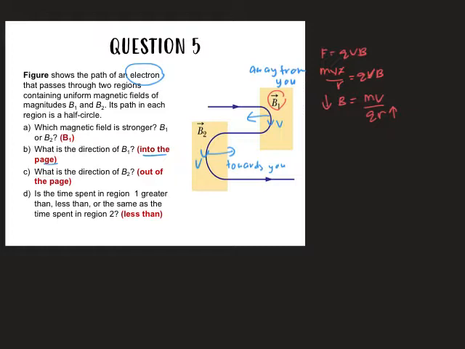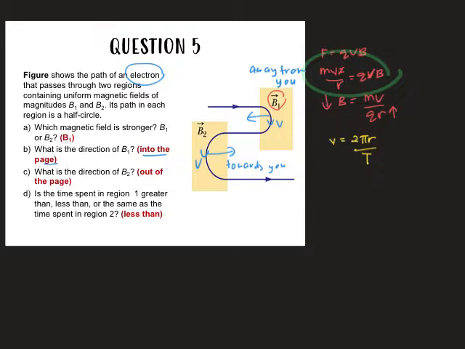We can derive the formula for this one to find the relationship between the velocity and the radius. As we know, v equals 2 pi r over T. Based on the equations, we need to relate that also with the magnetic field, so we need to find the relationship between the magnetic field B and the period.